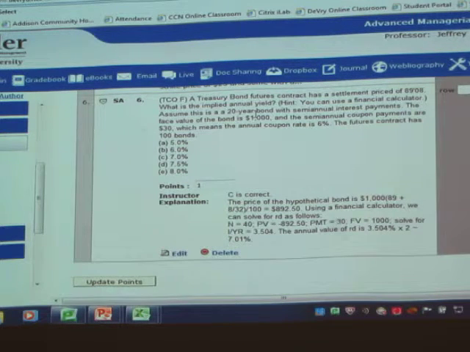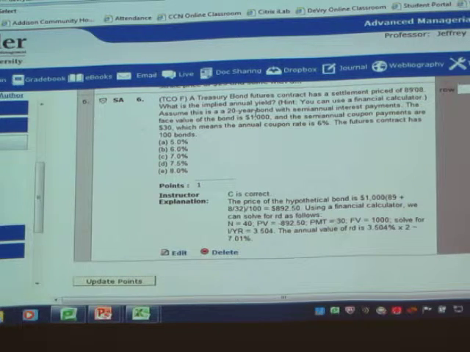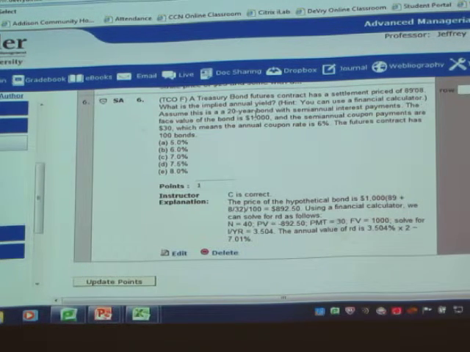If it's a 20-year bond with semi-annual payments, we multiply the 20 years by 2 and divide the coupon in half. The present value and future value won't change. The two components that change are the time period and the payment.